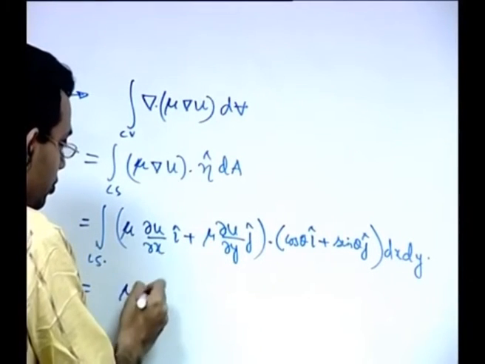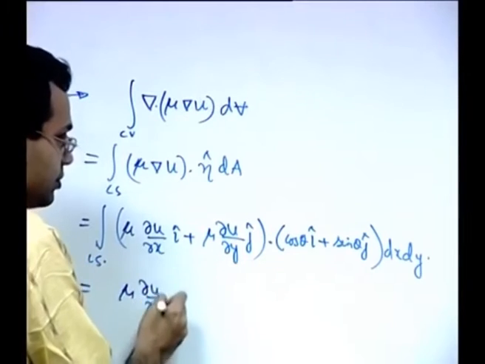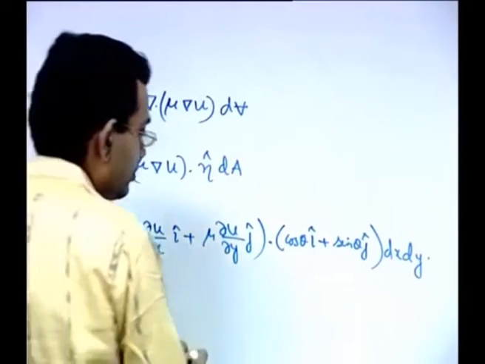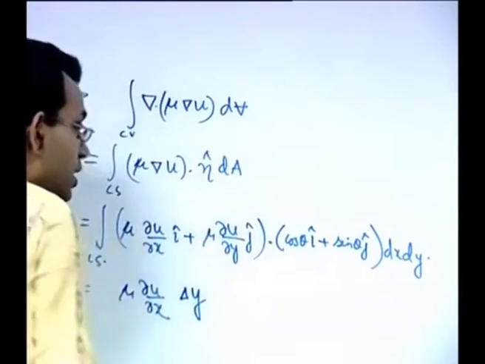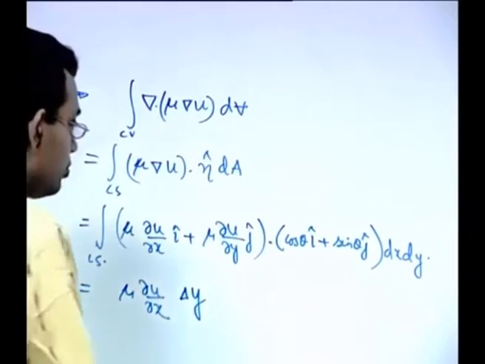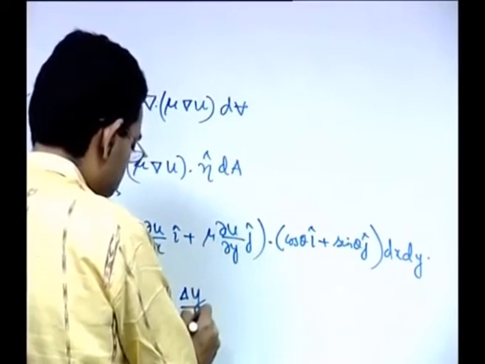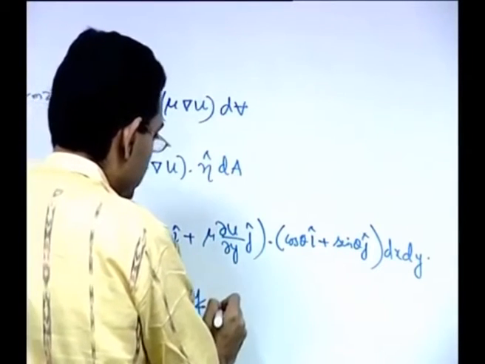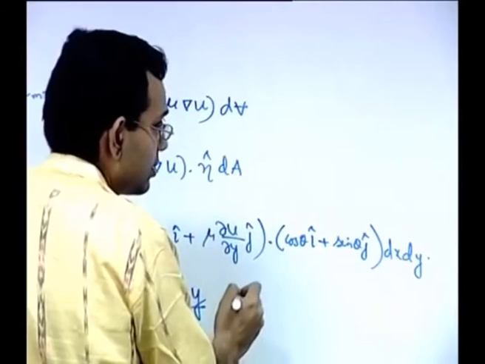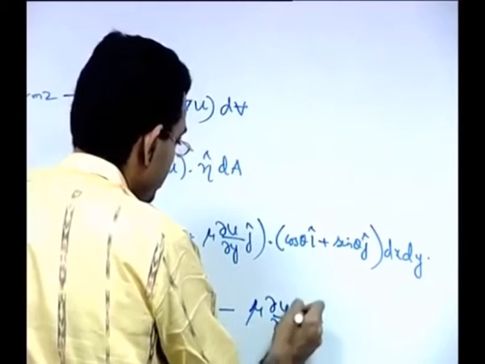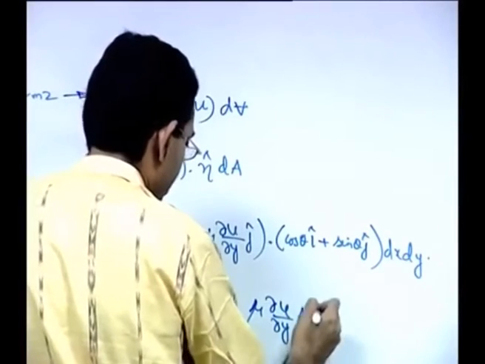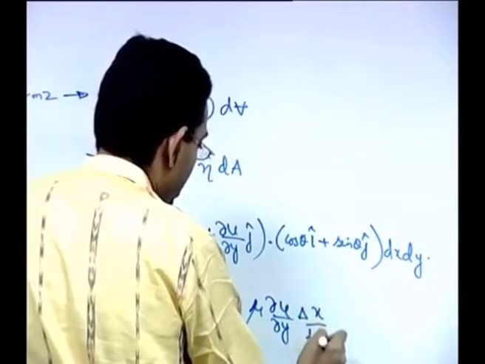So, mu del u del x into cos theta, delta y by L12, minus mu del u del y, delta x by L12.